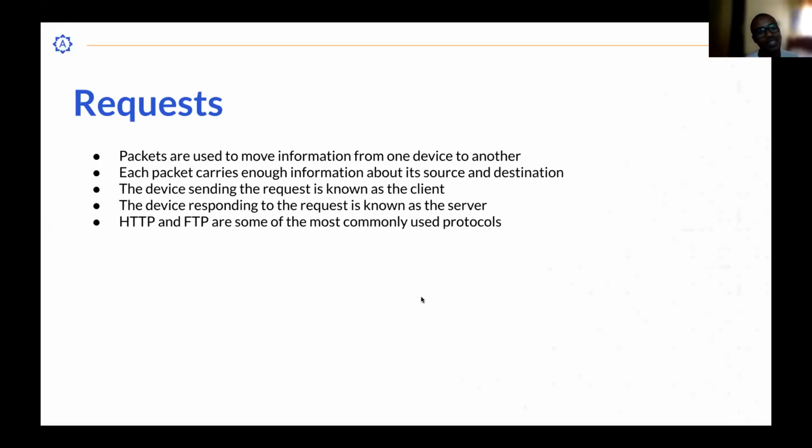So the client-server architecture is an architecture that talks about how one device can send requests that can be responded to by another device over a given network. HTTP and FTP are some of the most commonly used protocols. These are protocols that are used on the web to transfer information from one location to another.